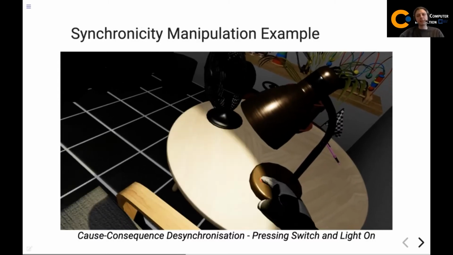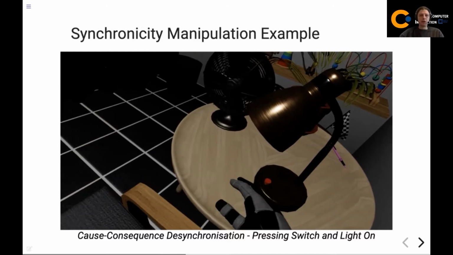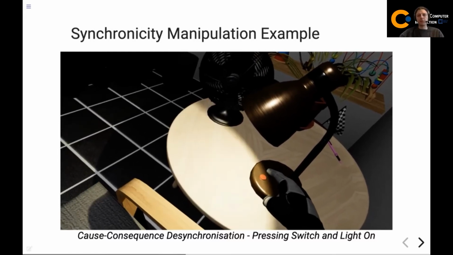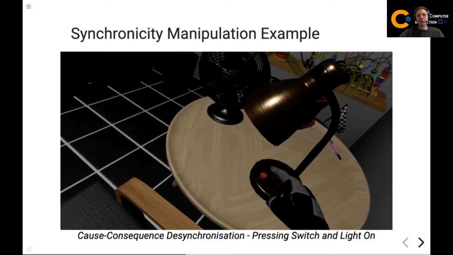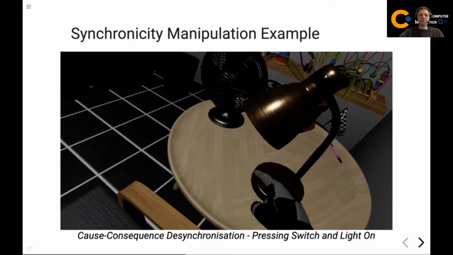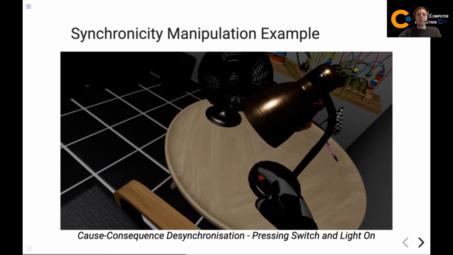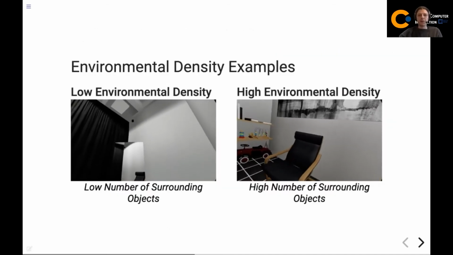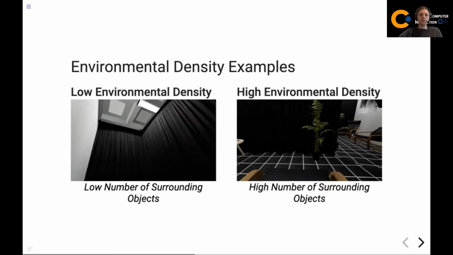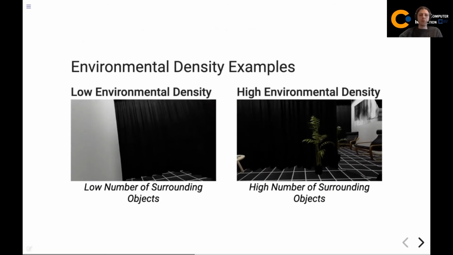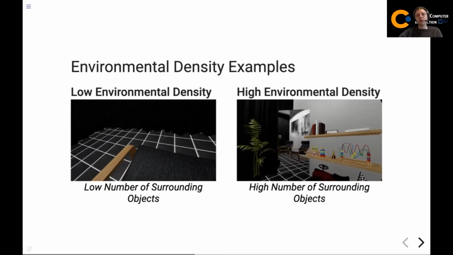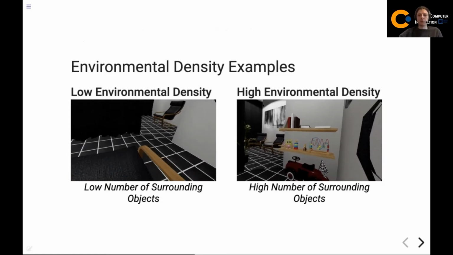It gets a bit more obvious if sound is there too, but you can think of the lamp switch response after you press the button being delayed. Another example for the density axis, in terms of environmental objects or environmental density as we tagged it here, is the same room on the left with a very low number of surrounding objects versus on the right side a high number of surrounding objects.